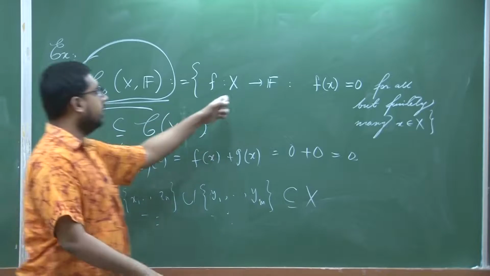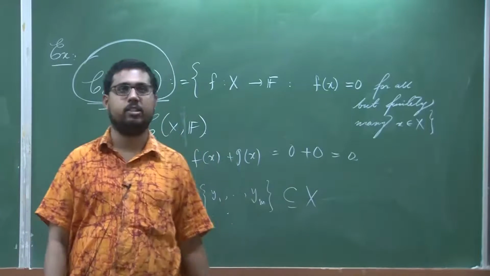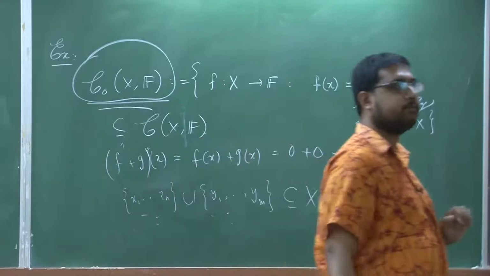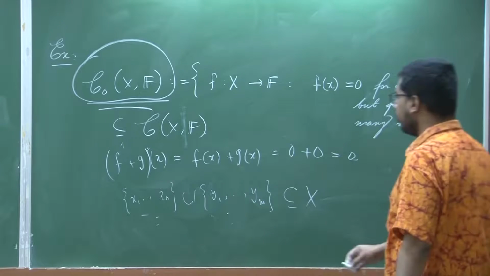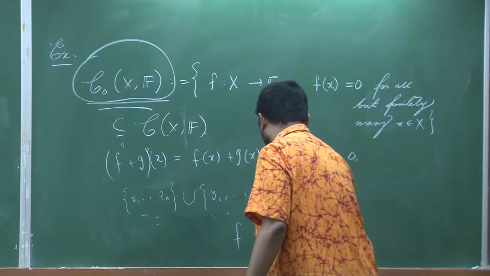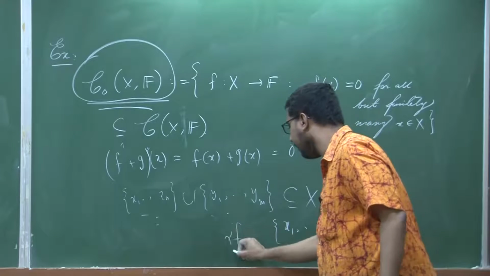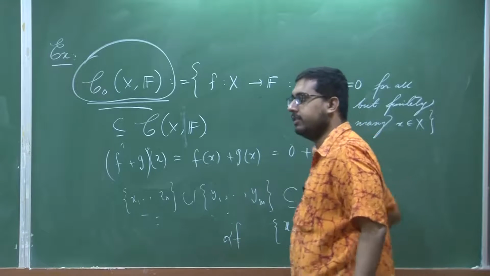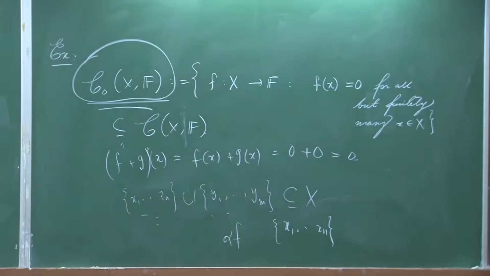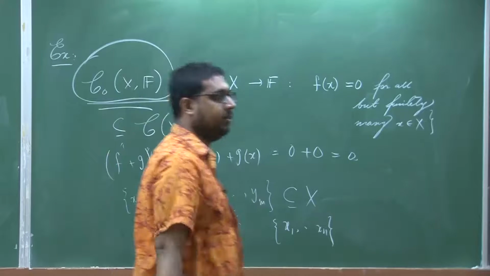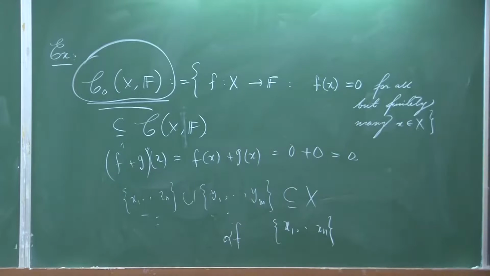Therefore this collection is closed under addition. Similarly, you can show that for any given f, if x1 up to xn is the finite set, then for any alpha, alpha f, this finite set will also work. Therefore this set is closed under addition and scalar multiplication, and is non-empty, hence by the theorem it will also be a vector space over F.